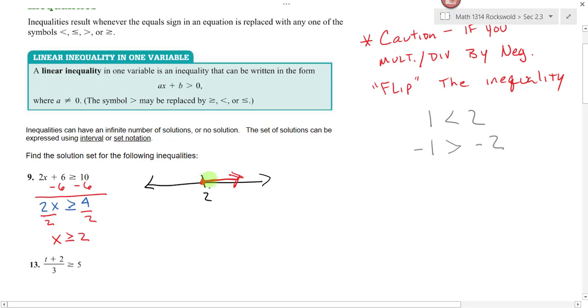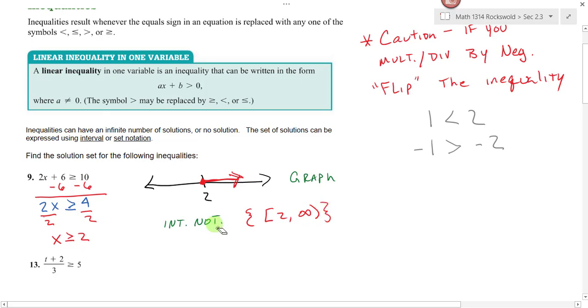The way I would represent that in interval notation, by the way, this is a graphical solution. If I asked you for your answer in interval notation, I would say that my solution is going to be the set of numbers that goes from 2 to infinity. I put a bracket on the 2 because x can be equal to 2, and I put a parenthesis on the infinity because we're never equal to infinity.